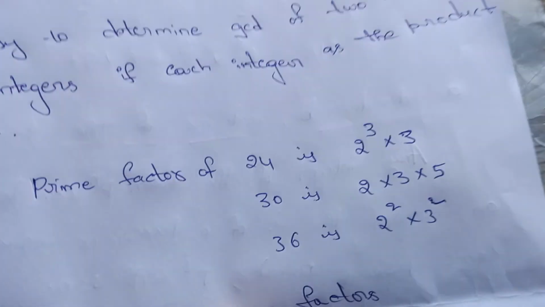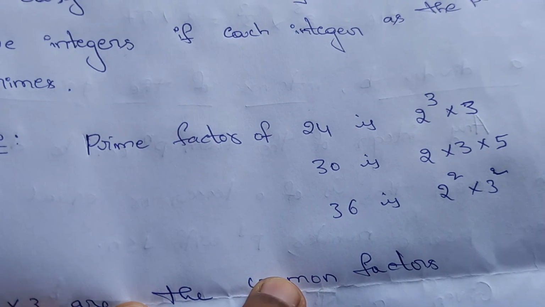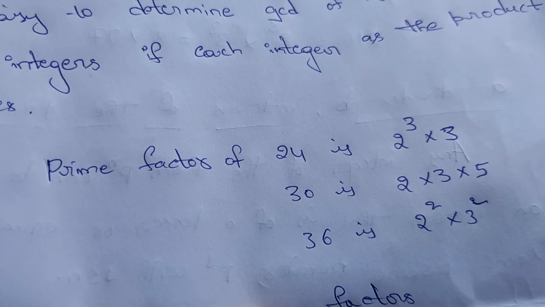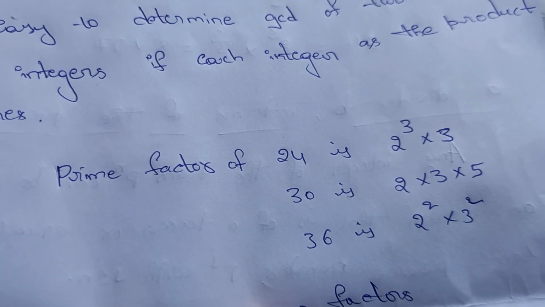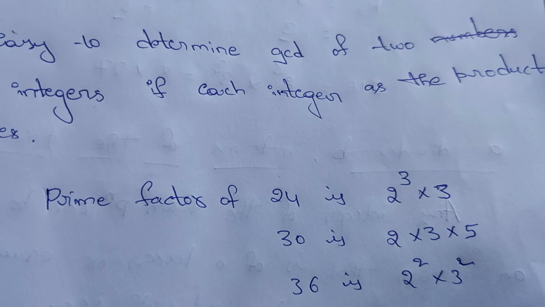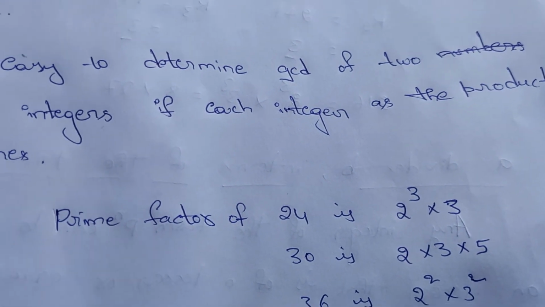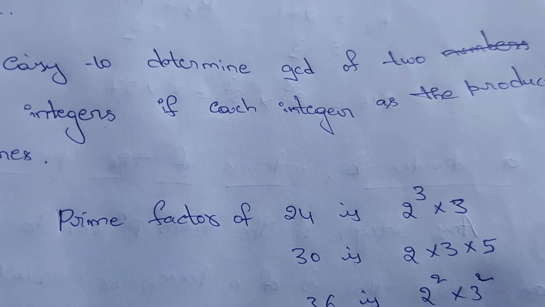So 24: 8 3s are 24. How to calculate 8? 2 cube is 8, right?